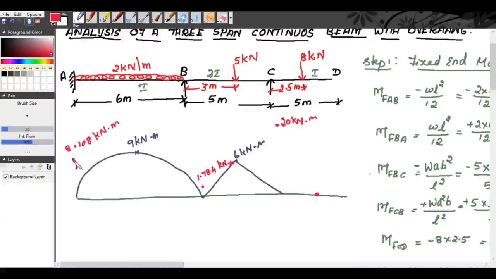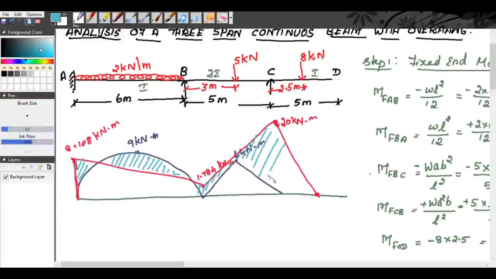So our fixed bending moment diagram, our net bending moment diagram, is like this.